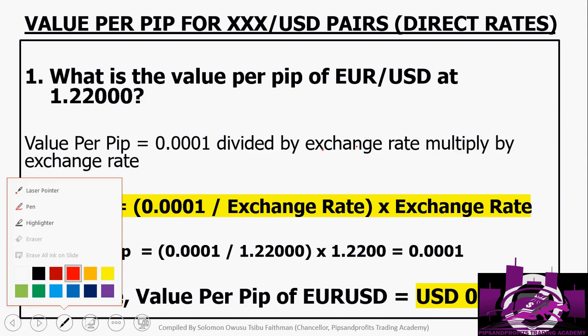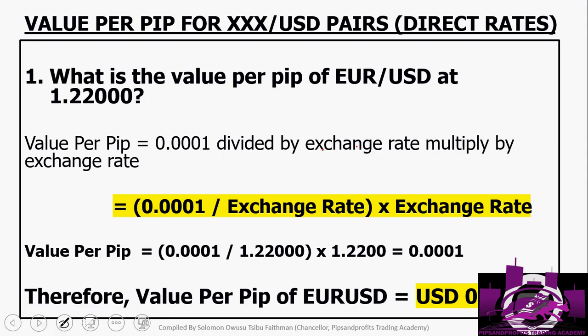If I have an example like this, what is the value per pip of Euro USD at this price point? If I have Euro USD at this price point, what do you think is going to be the value per pip? We said that the value per pip is the monetary value of one pip move.